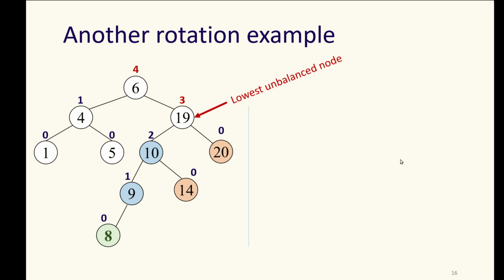We need to do a little more thinking about how we'll do that, though, because there are some examples where a small rotation like that may not give us as clean of a solution as we want, and where there may be some question about which way do we rotate and where do we rotate. We have the lowest unbalanced node here at 19.